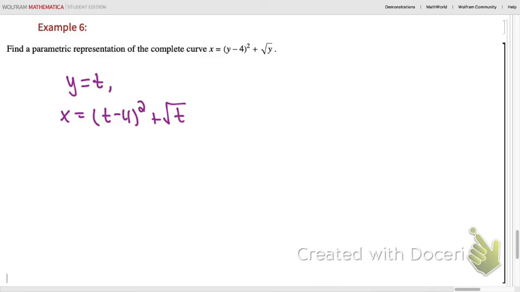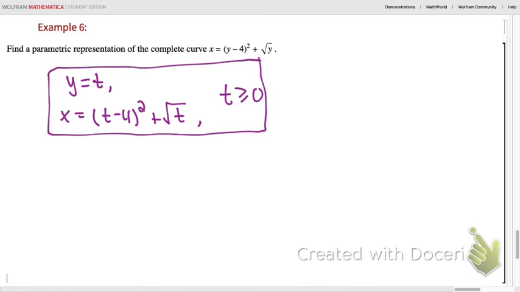So all the y's become t basically. And then I guess you could say that t is between negative infinity and infinity. Although if y is going to be t and there's a square root of y in the expression, you can't use negative t values, so t would be greater than or equal to 0 there. Okay, so that's one thing you could do.